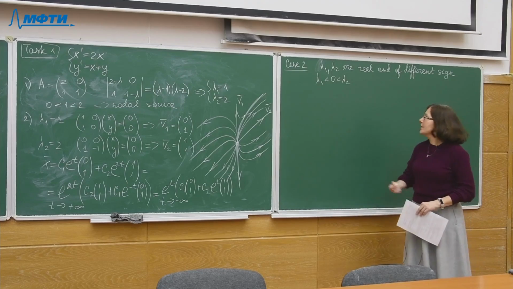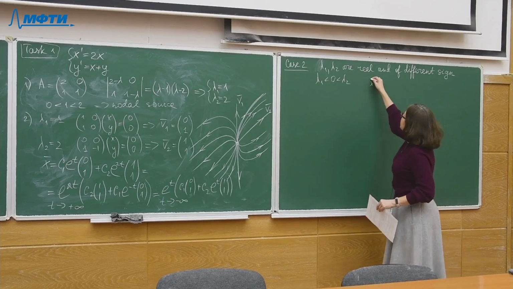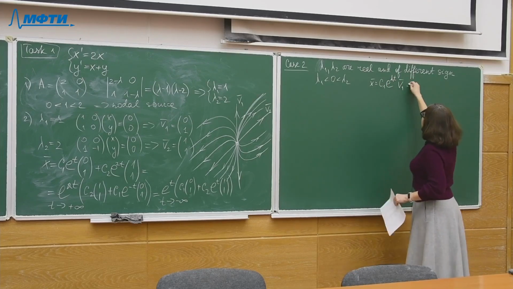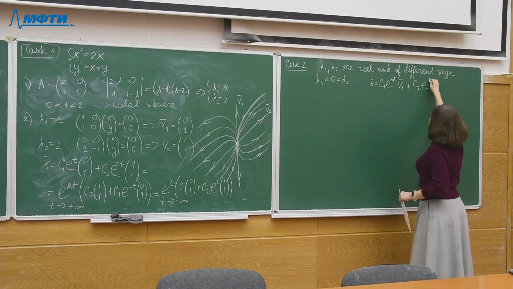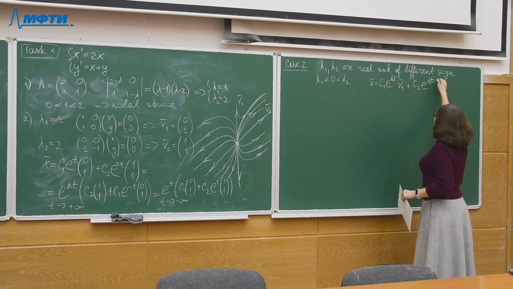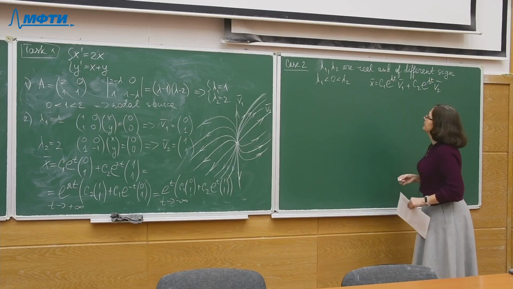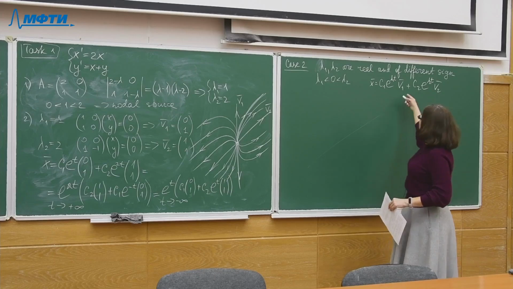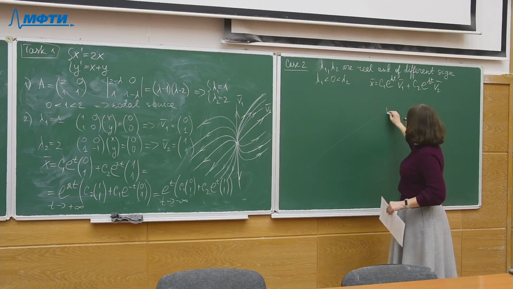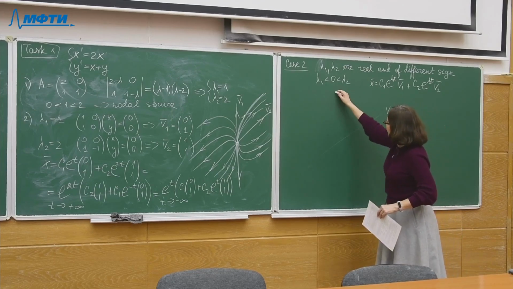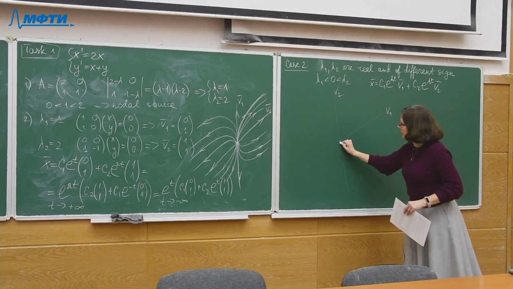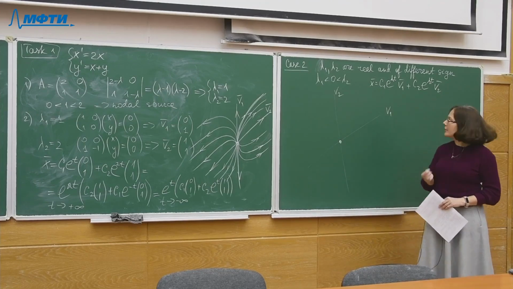Let's analyze this. So the formula for the solution is the same. And we must start with the vectors, the directions determined by v1 and v2. This is the origin. It is the equilibrium point.